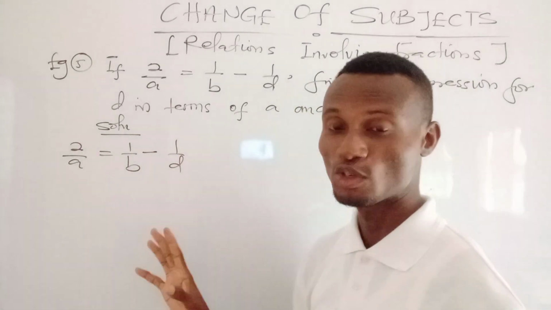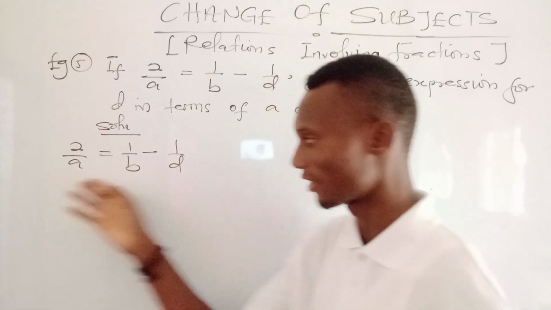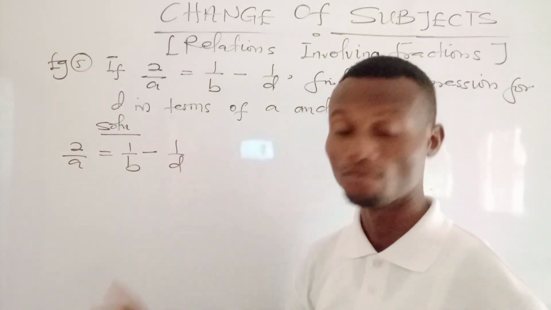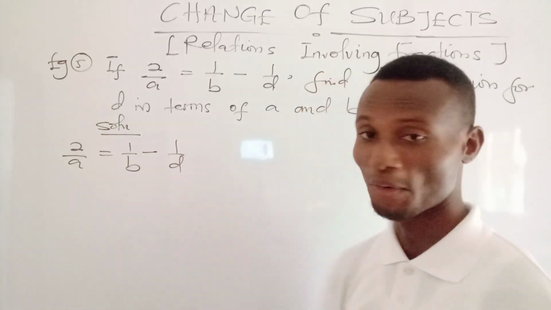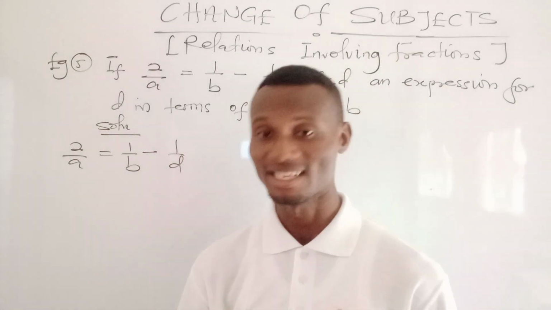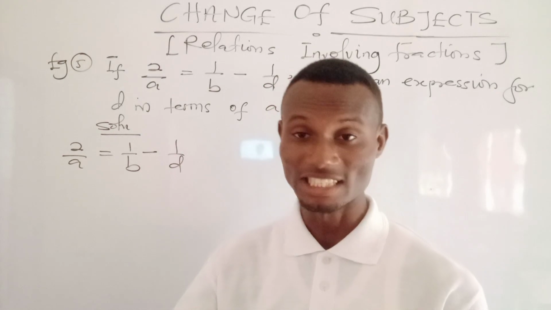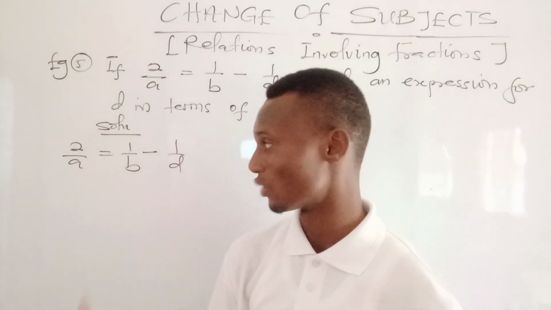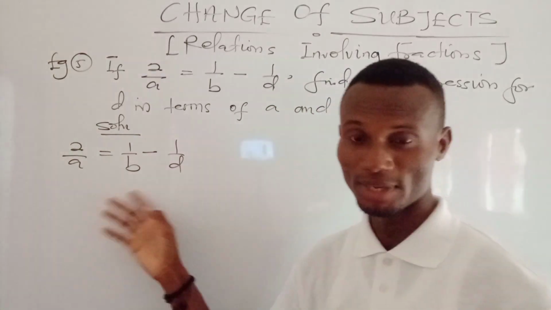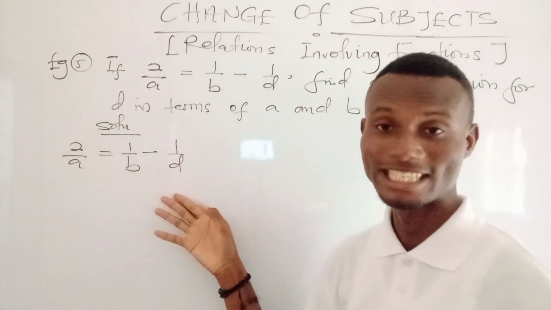So the LCM is a multiplication of these 3 variables, which is a, b, d. We've done this under linear equations, so we are applying the same knowledge here.